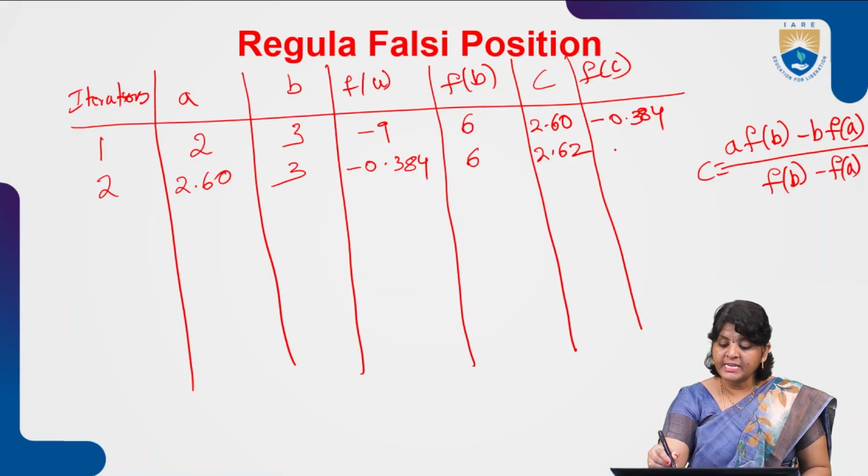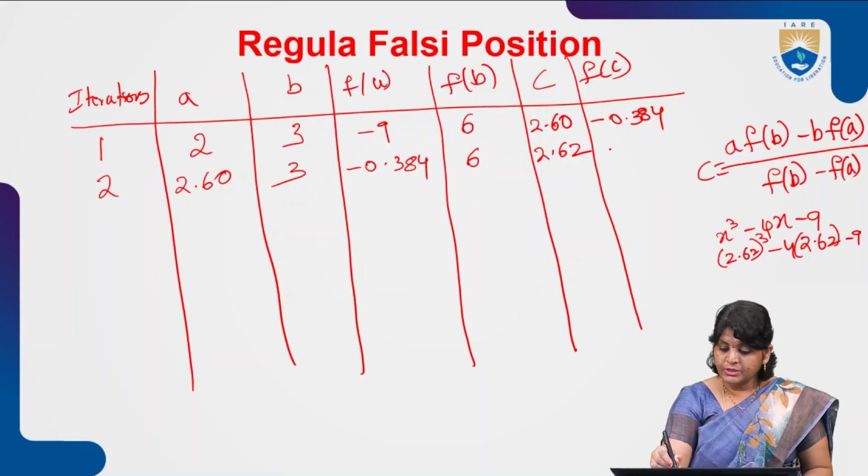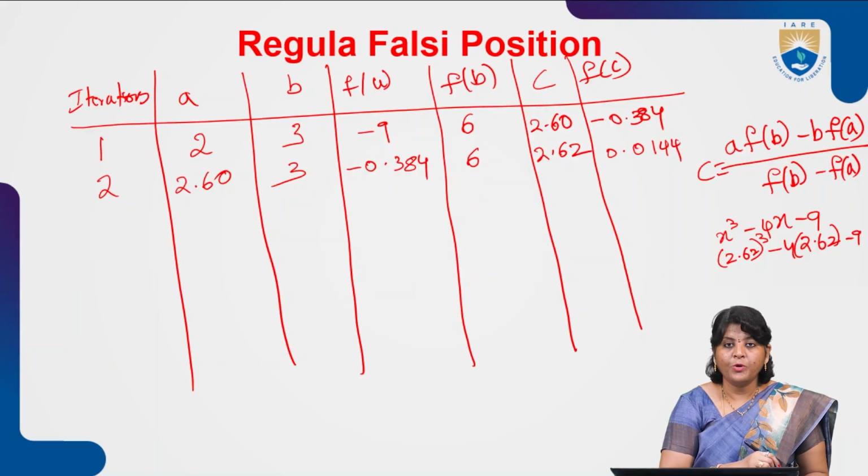And now f of c, the function we know is x cube minus 4x minus 9. Substituting the x value 2.62 minus 4 into 2.62 minus 9, this value gives 0.0144, which is a positive value. Now again, the b value will be changed to 2.62.